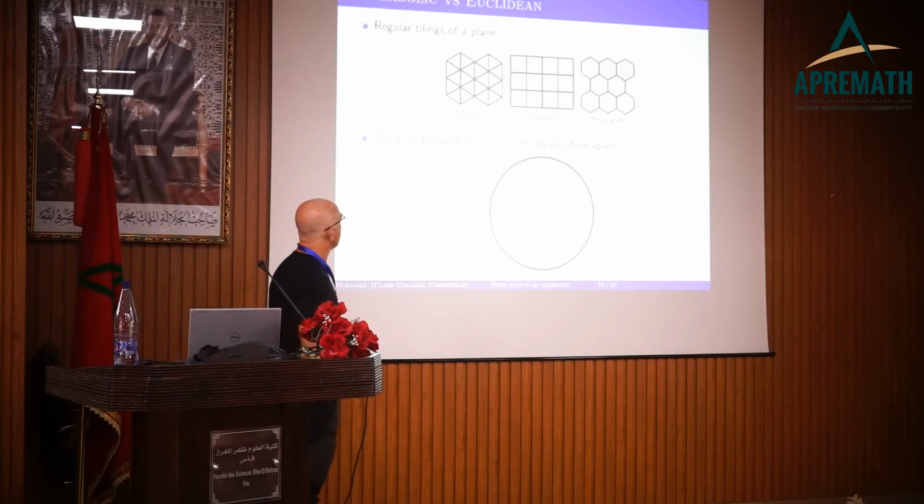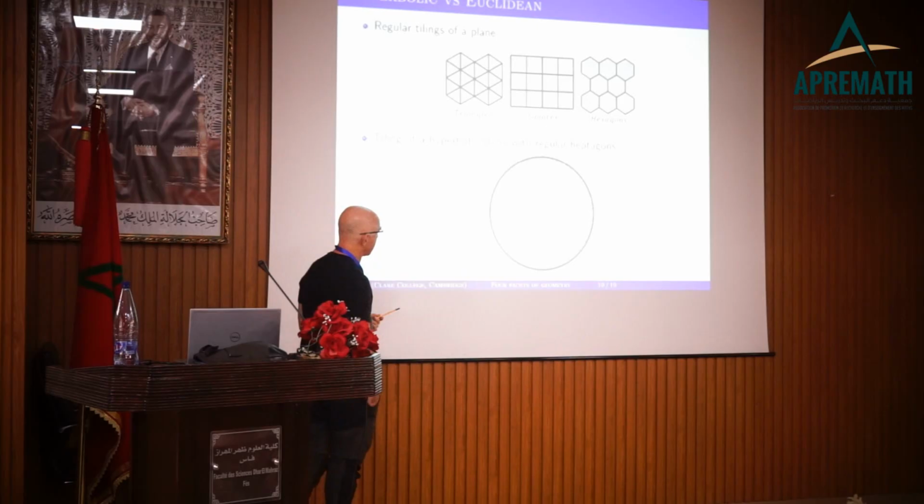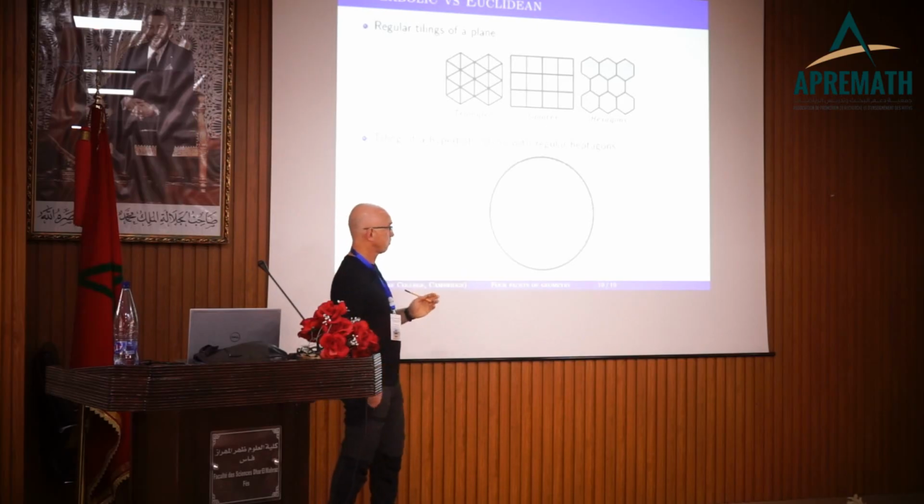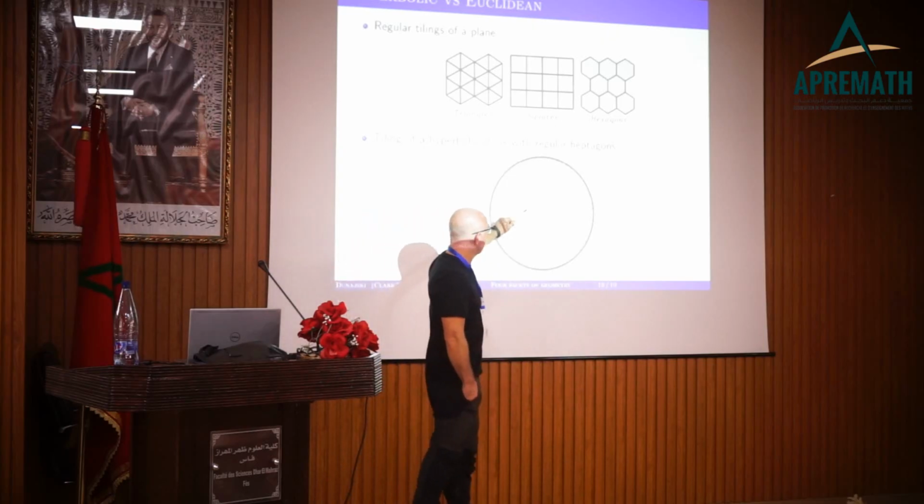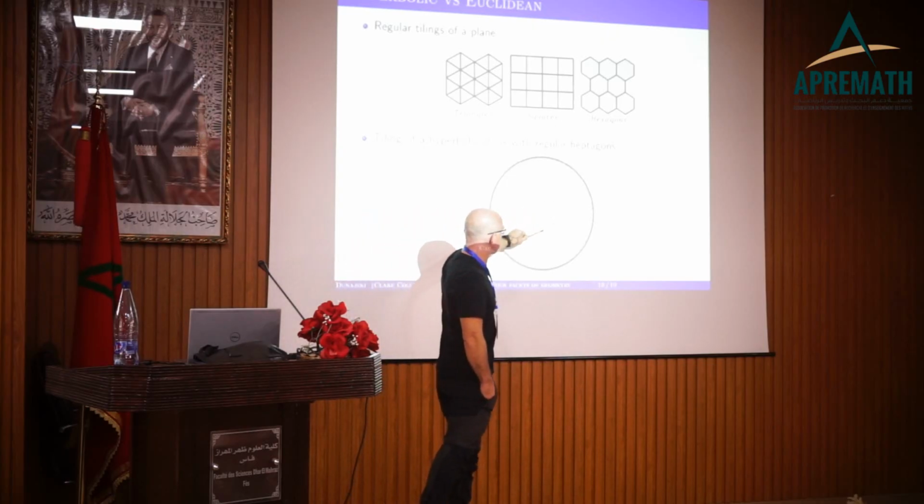So you look at what happens with tiling of the hyperbolic plane, this kind of unit disk, and you find that you can tile it with regular n-gons for any n. Okay? So here I'm showing you a tiling with regular heptagons. 1, 2, 3, 4, 5, 6, 7.